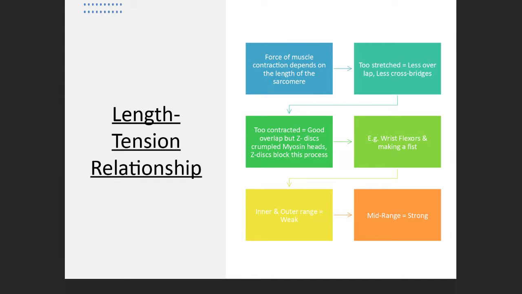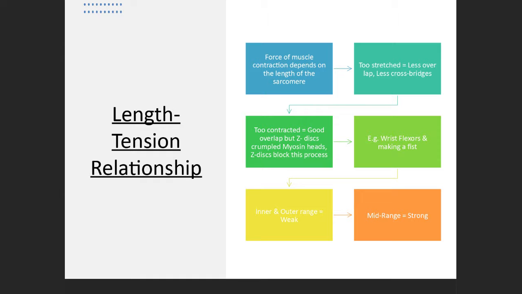Okay, so now we want to understand about length tension. We're going to stay with the biceps because it's easier to understand. When we've got the muscle at outer range, looking at the bicep, with my elbow just slightly flexed, this is an outer range position.